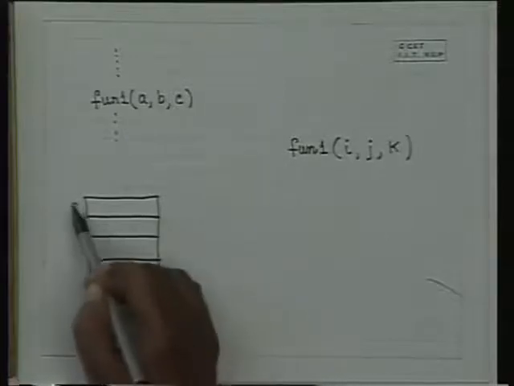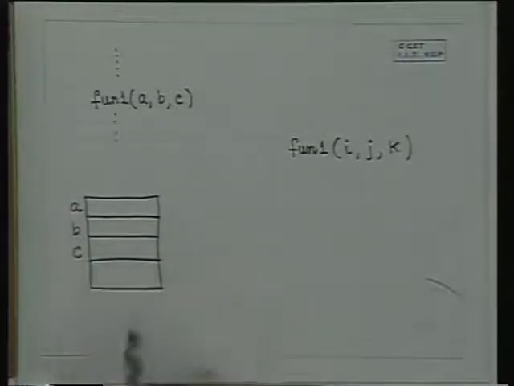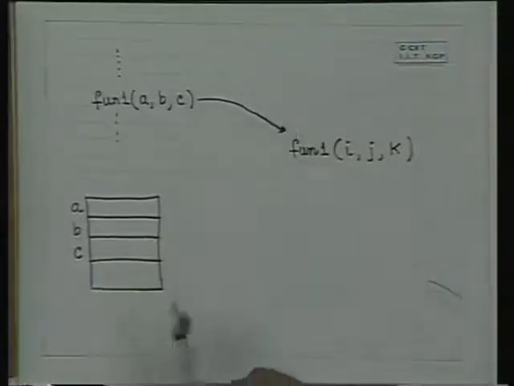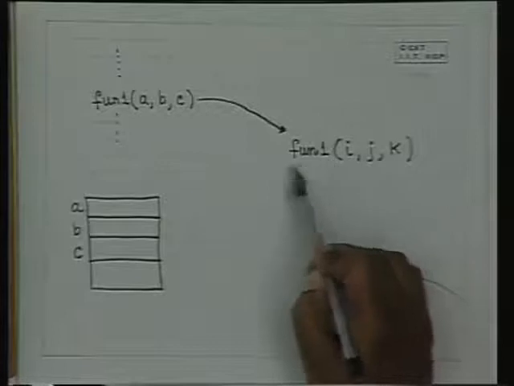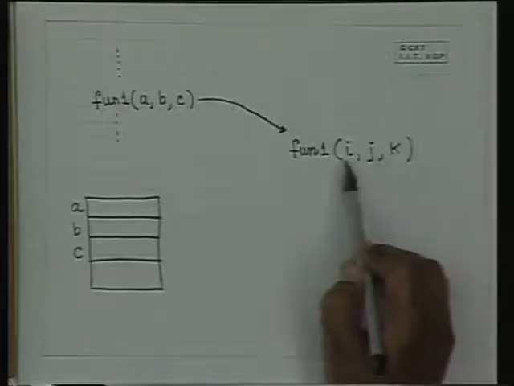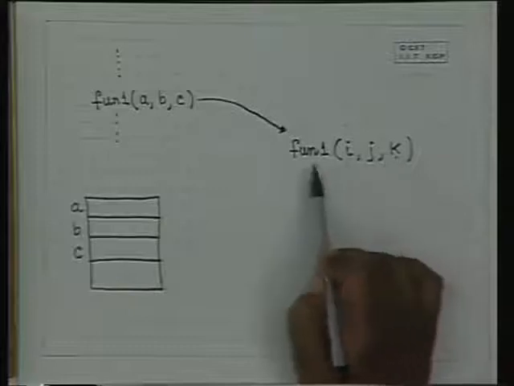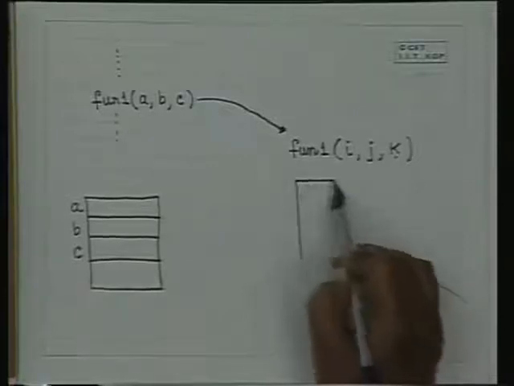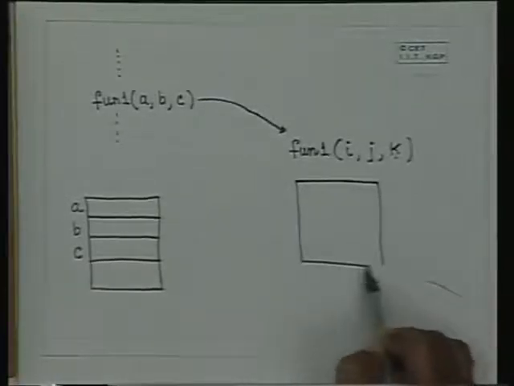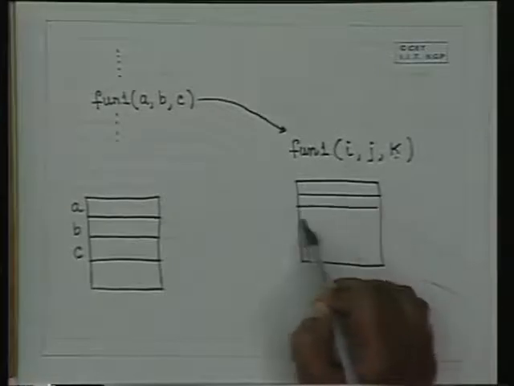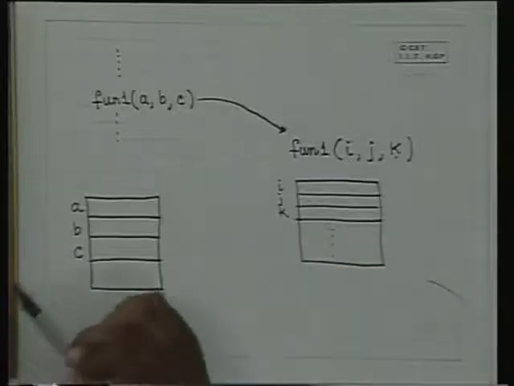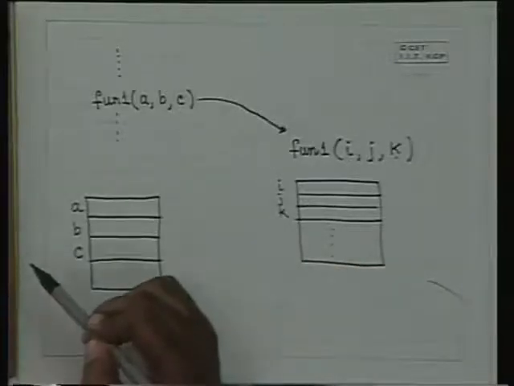So schematically let us say A, B and C. Now when this function is called, a new data segment for this function is set up. The arguments as well as the local variables of this function are allocated certain amount of memory, of which other than the local variables I, J and K are also allocated some memory locations.